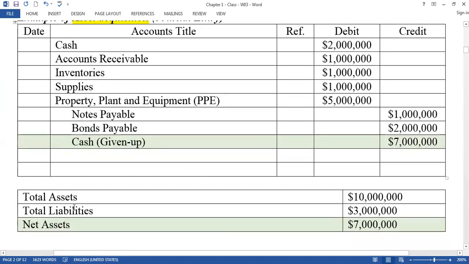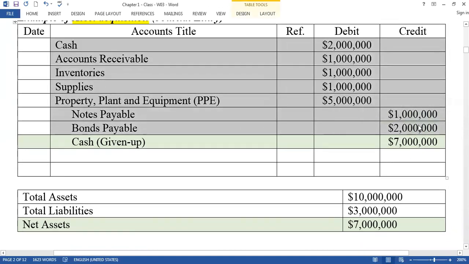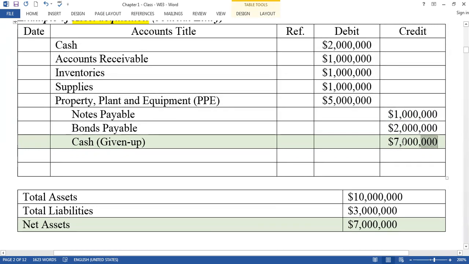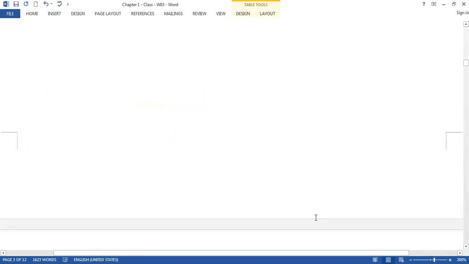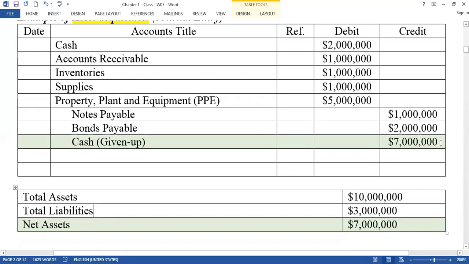We buy their net asset, so asset minus liability. We calculated the net asset value as $7 million and we pay cash. This is a simple example, but the real business world is not like that. In the real business world, it involves some goodwill. Why do you want to buy another company? Because this company may have some goodwill. So goodwill is an important term in buying another company. Again, it is not that simple.